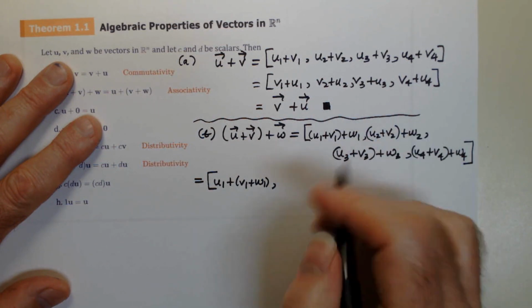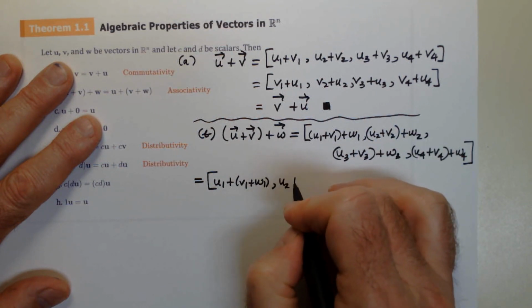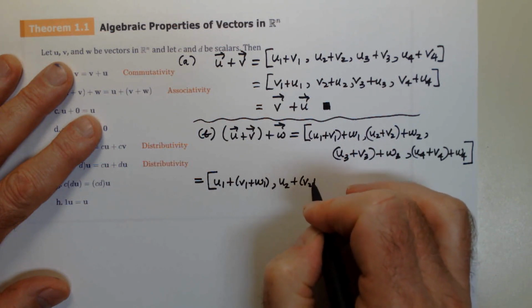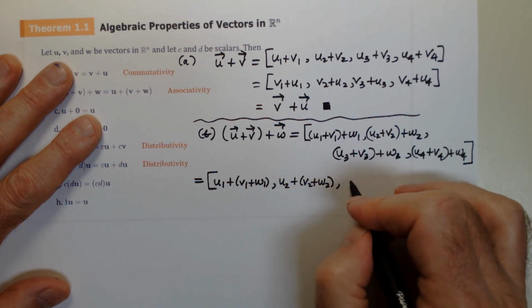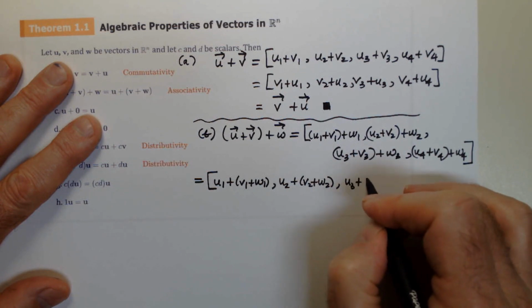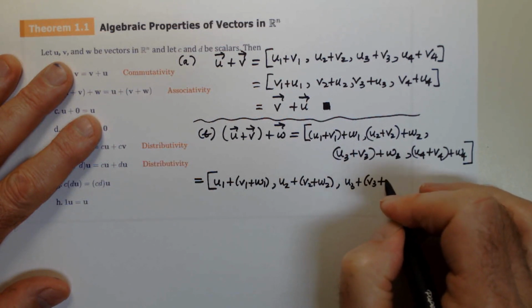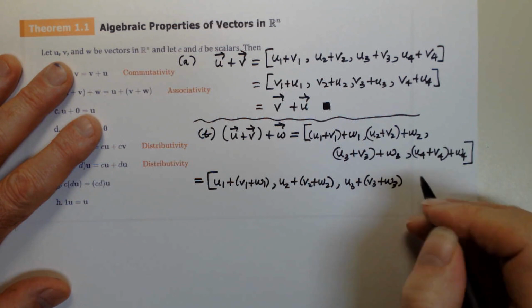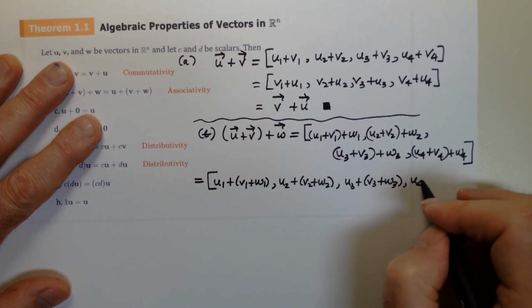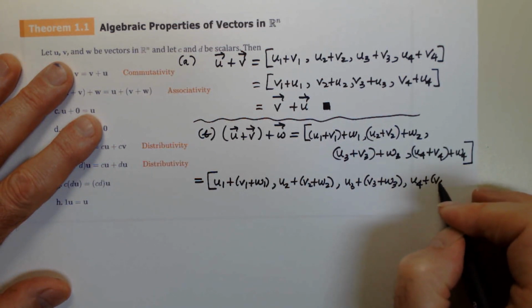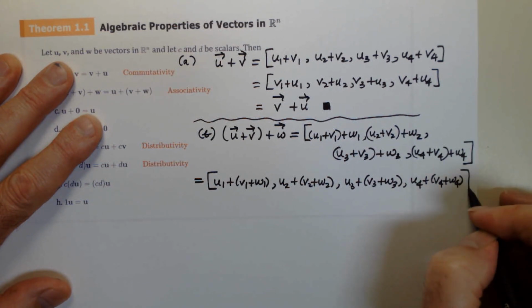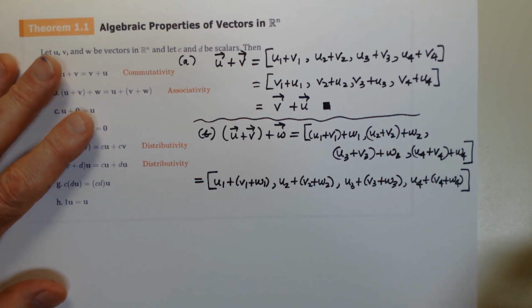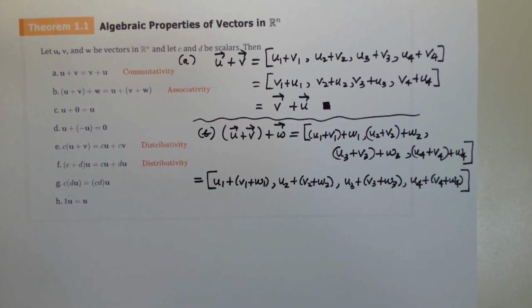Then I can rewrite this one as u2 plus (v2 plus w2), u3 plus (v3 plus w3), and then finally u4 plus (v4 plus w4).